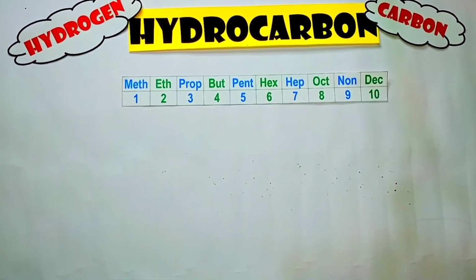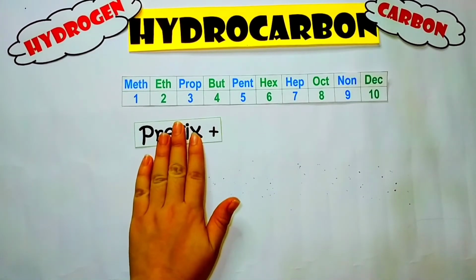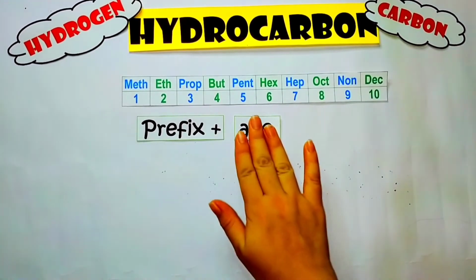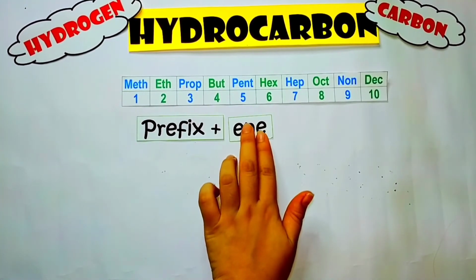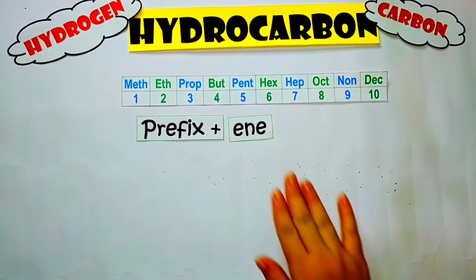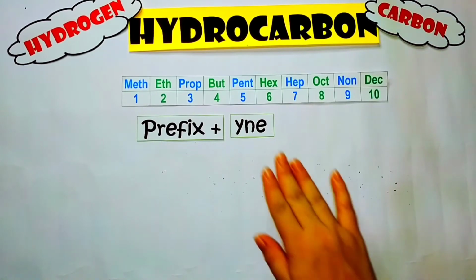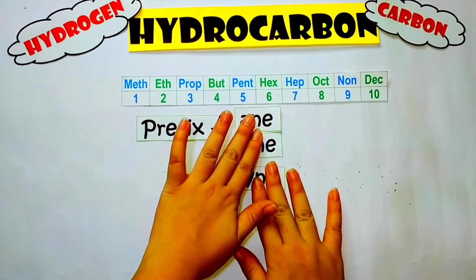In naming hydrocarbons, we will be using these prefixes plus the ending of each hydrocarbon. For alkanes, we're going to end it with "ane". For alkene, "ene", and for alkyne, "yne".